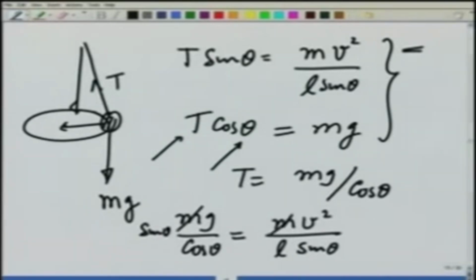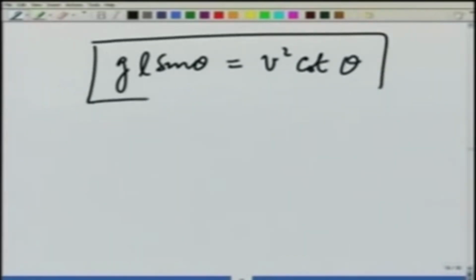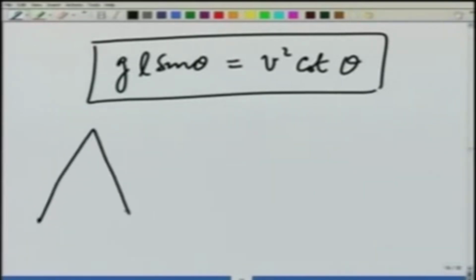M drops out, and therefore, we get g L sine theta equals v square cotangent theta, an equation that we had obtained earlier. However, these equations also gave me T. To find T using the torque equation, what do I have to do? I have to find another equation, and that equation comes if I take torque about another point.